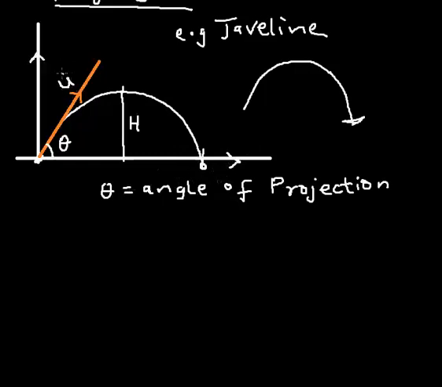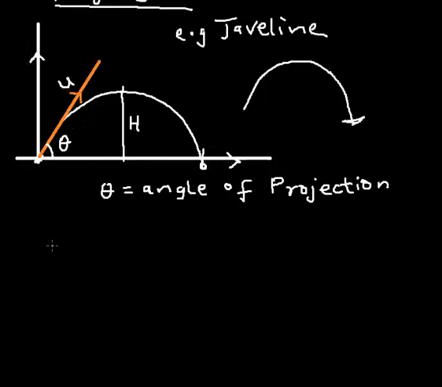Anytime a vector quantity, and of course u is velocity, a vector quantity, is inclined at an angle, you can resolve that vector quantity into two components, one horizontal and the other vertical.